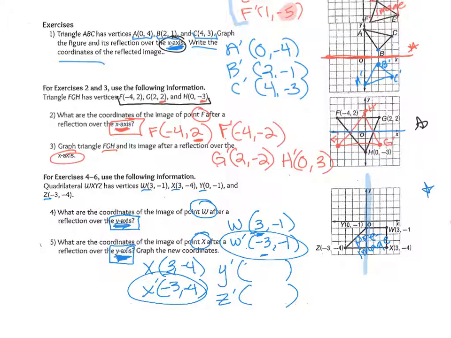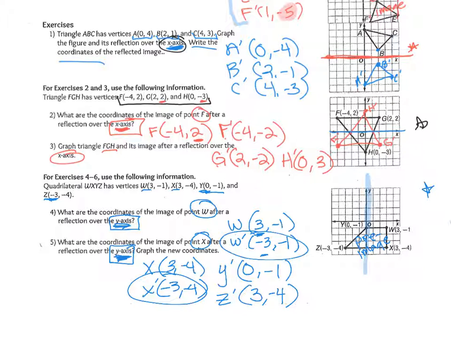Y original was (0, -1). So we want to change that to, actually it'll stay the same, (0, -1), since our x value is 0, you can't have a -0, so we can't do anything to that. It's going to stay the same. Z prime, my x value was -3, so I'm going to make it a +3 and keep the -4.